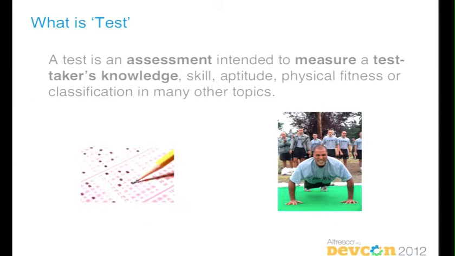So a test is what we know it is: you study and you need to pass by marking some correct answers. But it's also a physical test. There are plenty of kinds of tests. I want to remark 3 words, which we will go through later: assessment, measure, and test taker knowledge, which is the basis of what a test is.